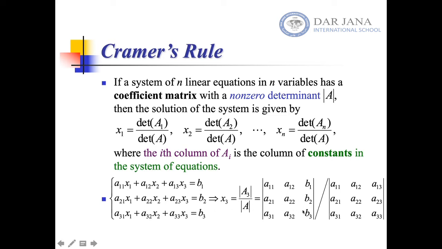We replace the third column, which is A13, A23, A33, by the constant column, B1, B2, B3, over the coefficient matrix. We find the determinant of the first over the determinant of the second.